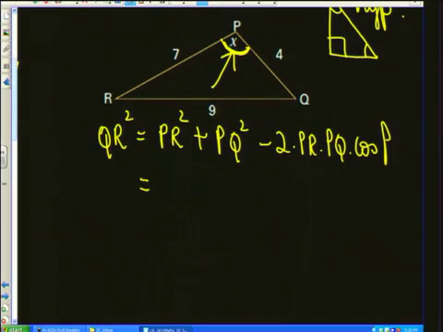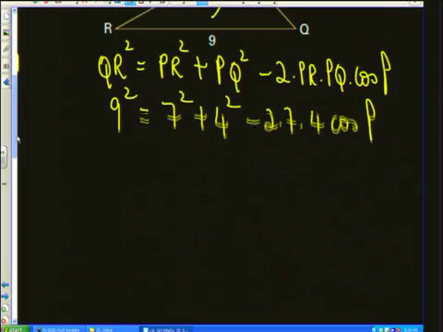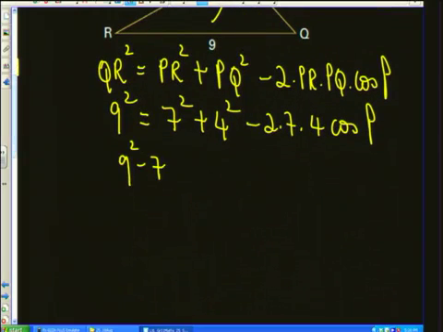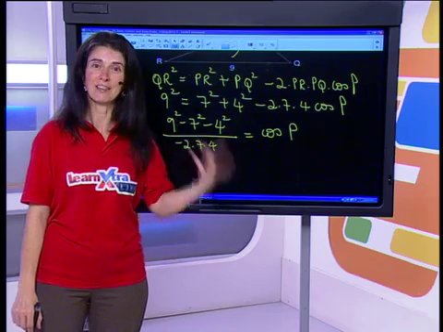And with that, we then have a substitution that can happen. So we have 9 squared, we have 7 squared, we have 4 squared, and we have a minus 2 times 7 times 4 times the cos of P. And once you've got that, you now need to solve for cos P. So we need to get rid of these terms here. 9 squared minus 7 squared minus 4 squared divided by negative 2 times 7 times 4 is equal to cos of P. Notice that I didn't use the cos P formula because it just means another formula that you have to learn.